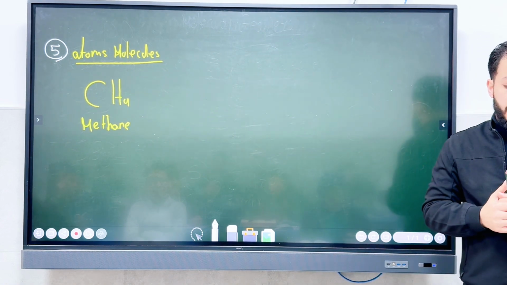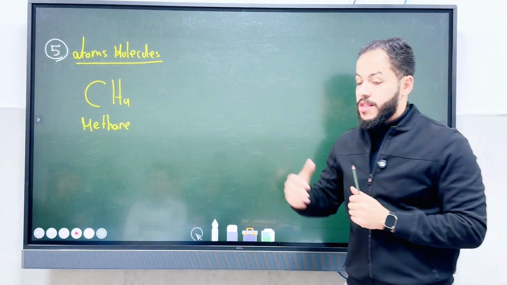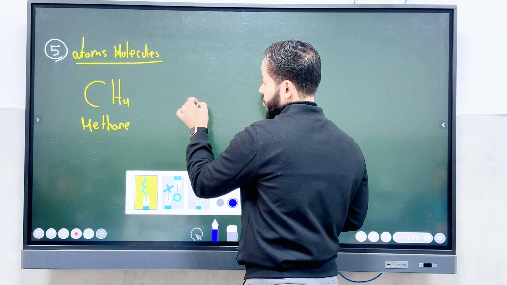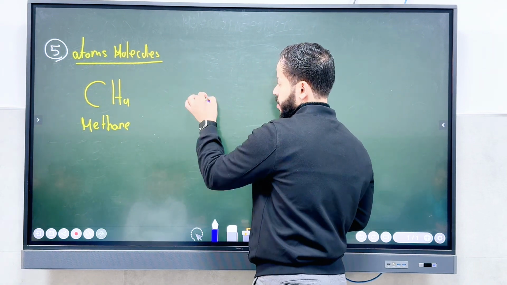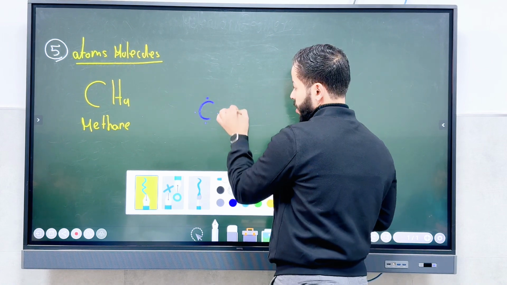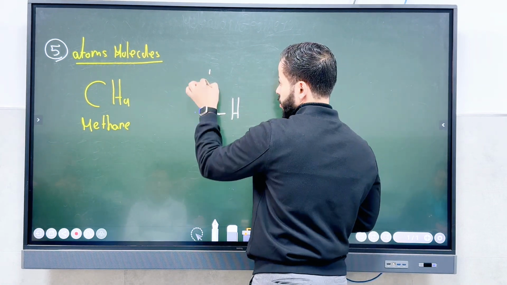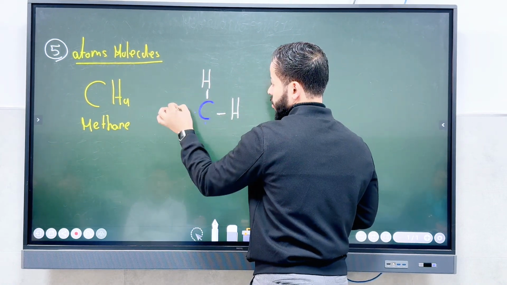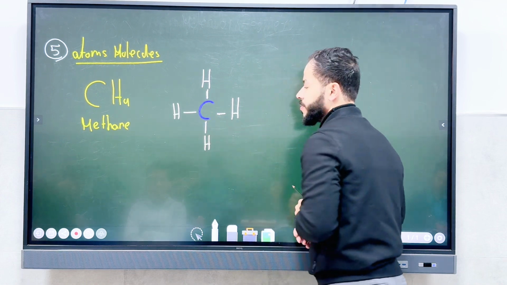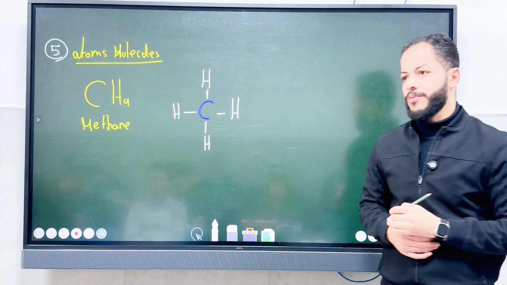Now, CH4, first step, what do we do? Lewis structure. What is the central atom? C. Surrounded by how many dots? 4. And we have how many hydrogen atoms? 4 hydrogen atoms. What you see here, guys, could you estimate the bond angle here? 90 degrees, right?